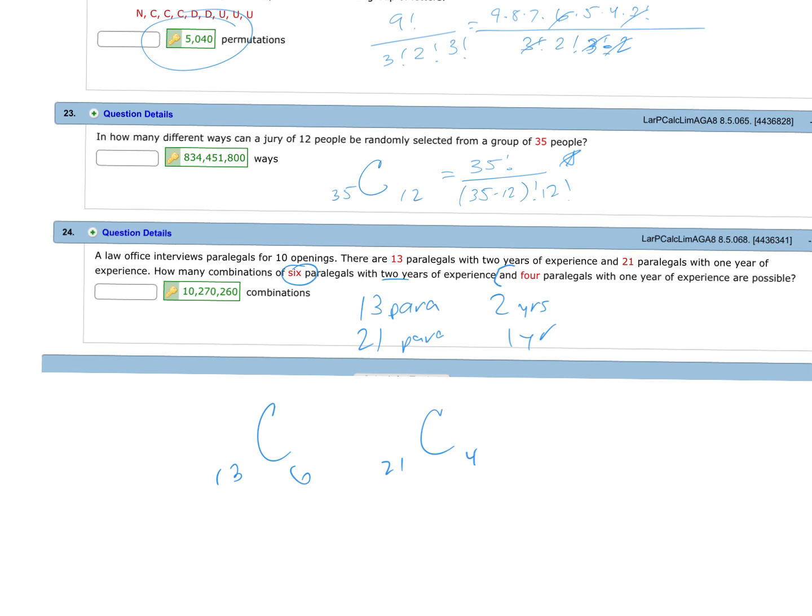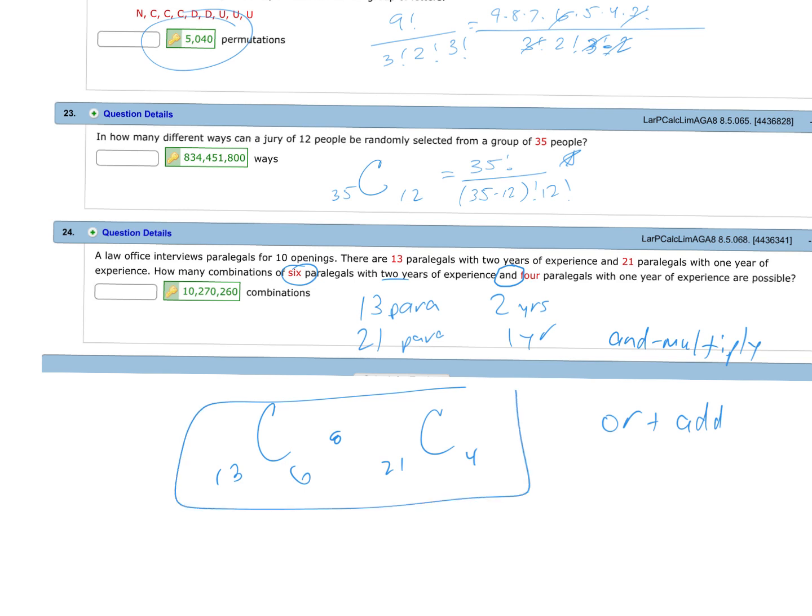What does the word and mean in math? Times. Yep. And means multiply. We're going to talk about that more today. And means to multiply, or means to do what? Or means to add. Yep, that's important. So this is what you would do to get this answer here.